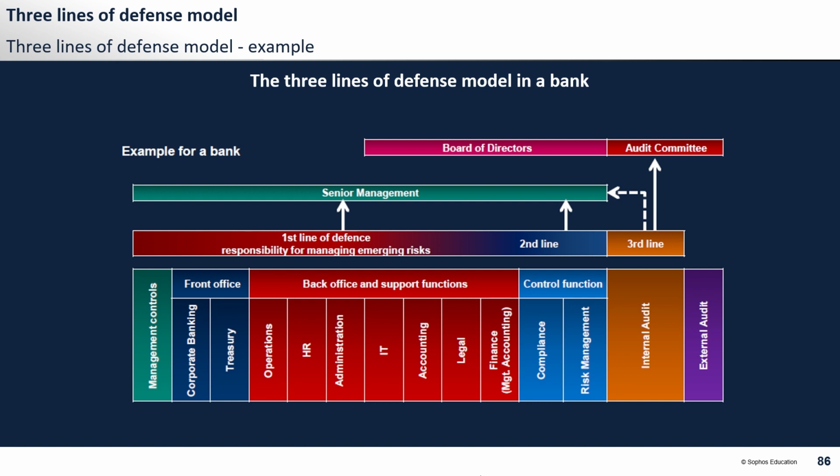Or first line of defense functions doing second line of defense controls, such as an accounting function that can review the operations from the operations department. Let me explain a bit what that means. So in a bank, you have your treasury making a treasury operation.